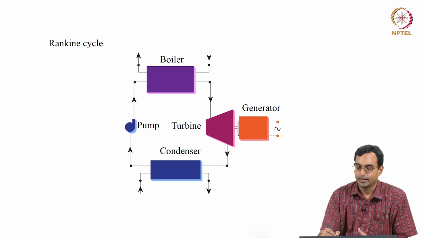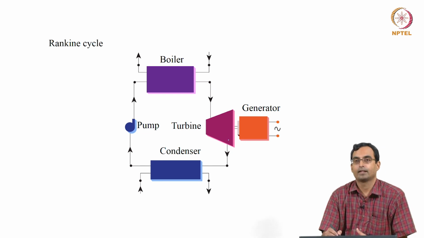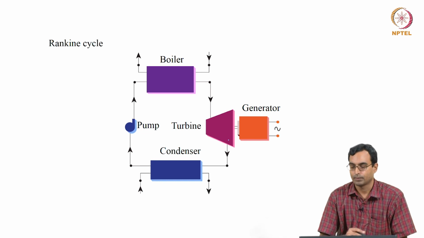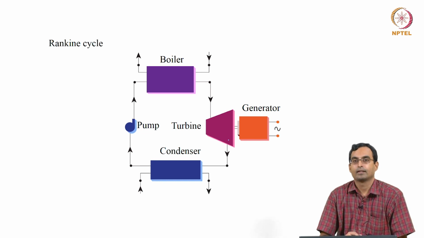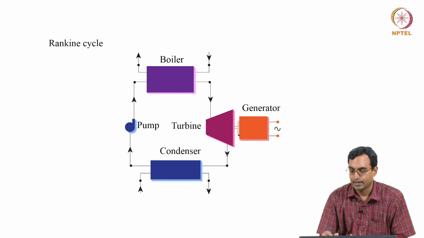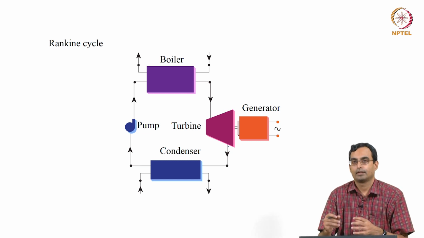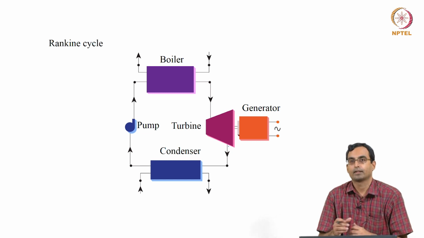This high pressure steam is something which we expand in a device called the turbine, which I just showed you a picture of. And from this turbine, we are left with low pressure, low temperature steam.